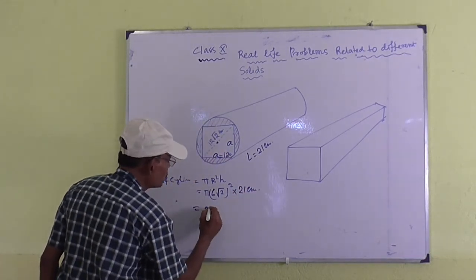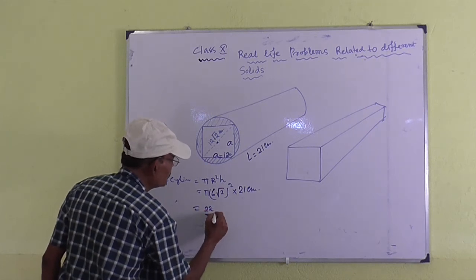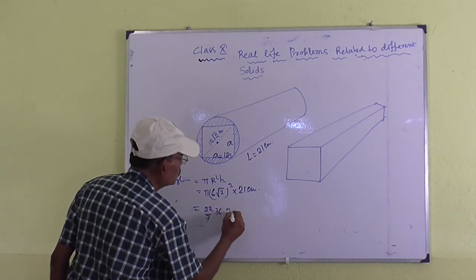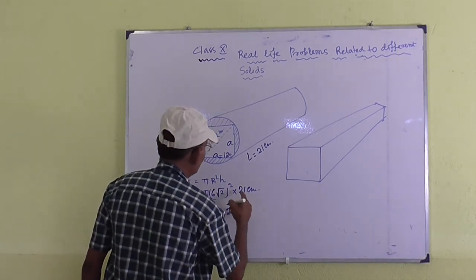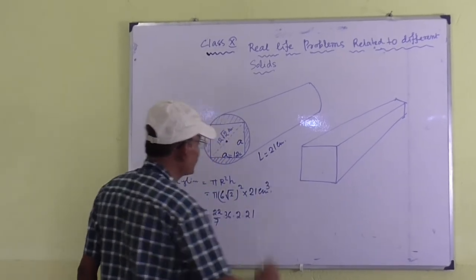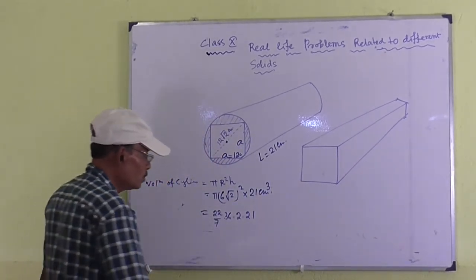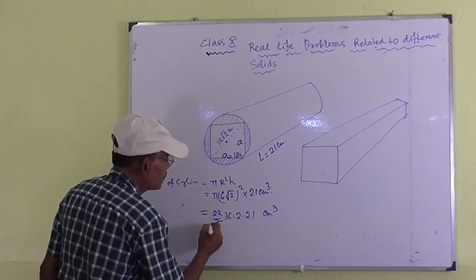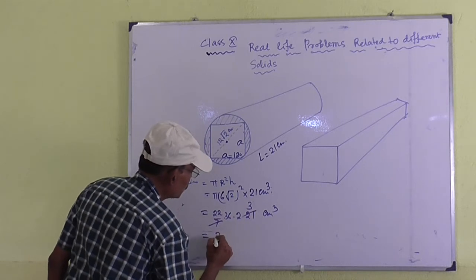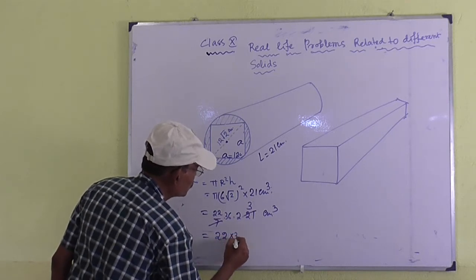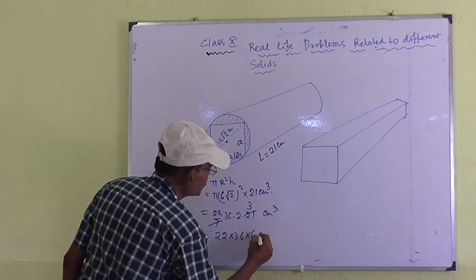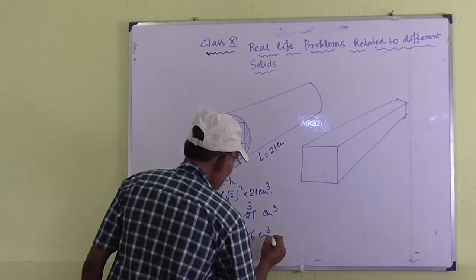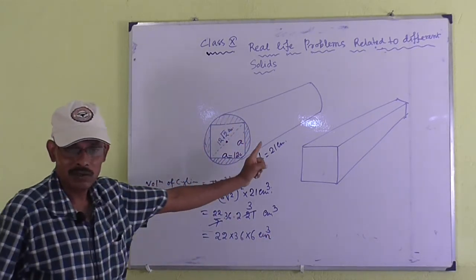Pi means 22 by 7 into 36 into 2 into 21. Sorry, it is centimeter cube. So it will be 22 into 36 into 6 centimeter cube. Clear? This is the volume of the circular log.